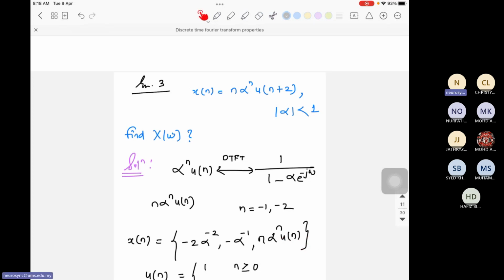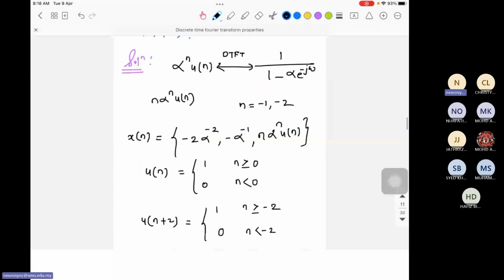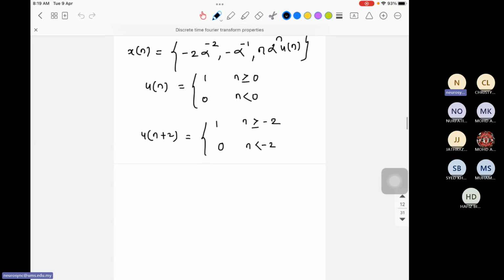Now I will find the corresponding frequency response for each one of these. So H of omega is basically equal to, if I apply the Fourier transform over this, what will I get?